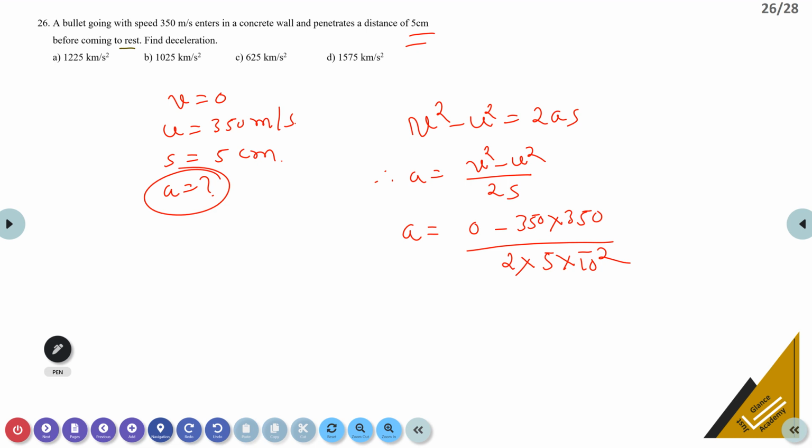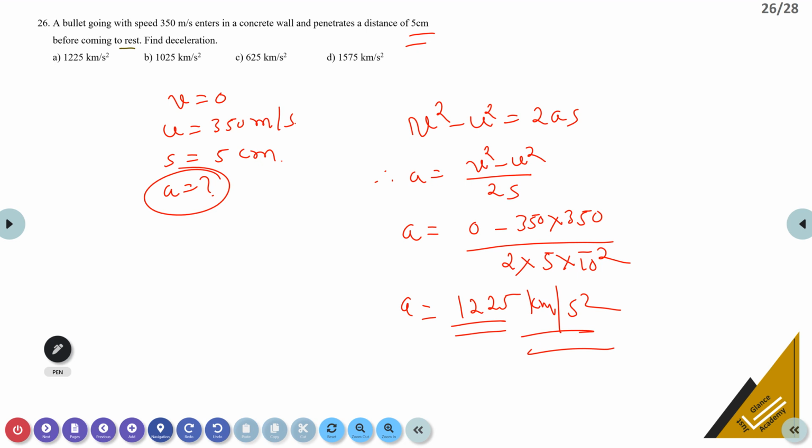Then this translates into 1225, in units per second squared.